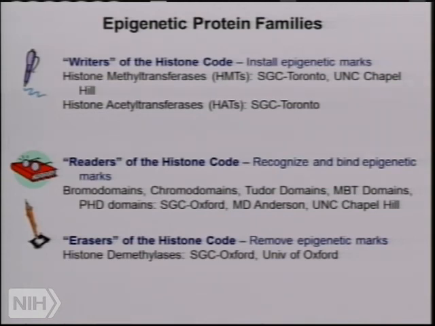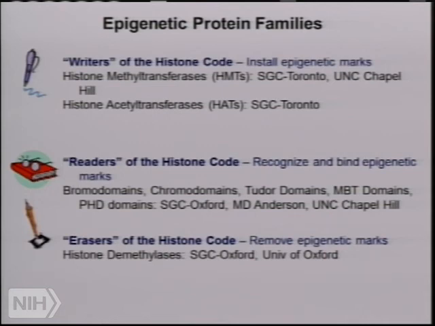Just small distinction here. So these are roughly divided in these 3 categories: the writers, readers, and erasers of the histone code. Writers are enzymes that install the post-translational modifications, the histone methyltransferases, acetyl transferases. Here, the organizations we collaborated with to develop the assays.